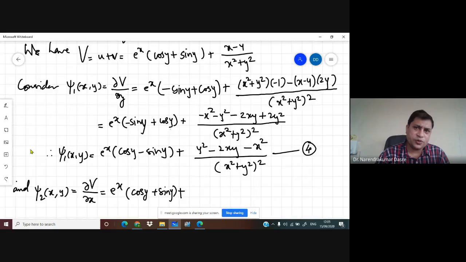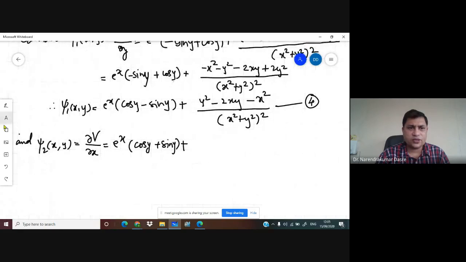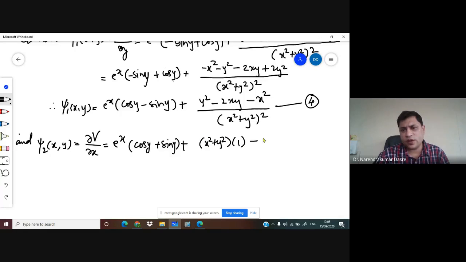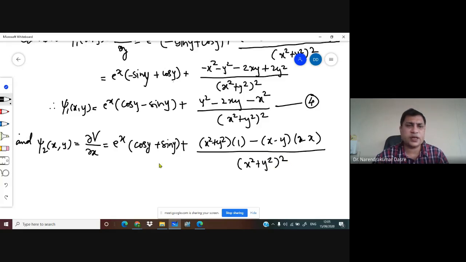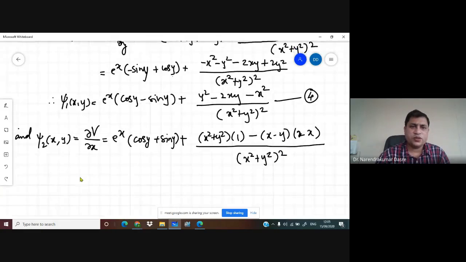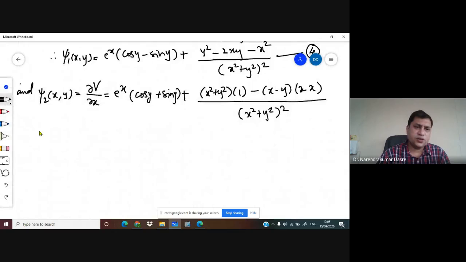So if I use u upon v rule, now we have to find the derivative with respect to x. So let us see what you have here. x square plus y square, the derivative with respect to x is 1 minus x minus y, and the derivative will be 2x upon (x square plus y square) whole square. Okay, so now simplify this.